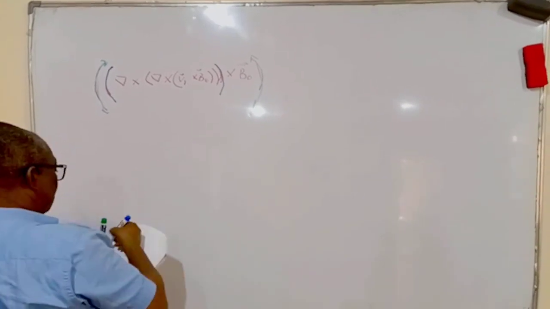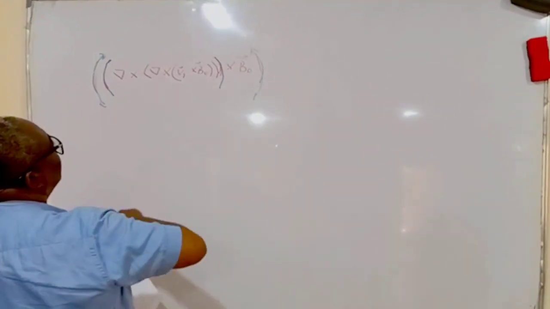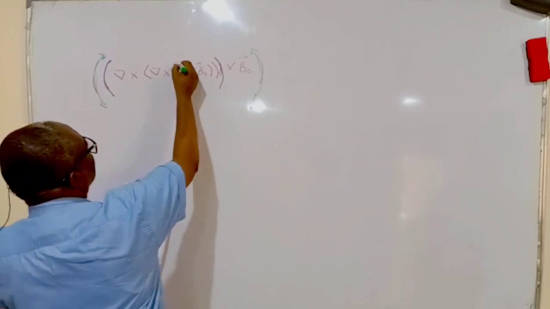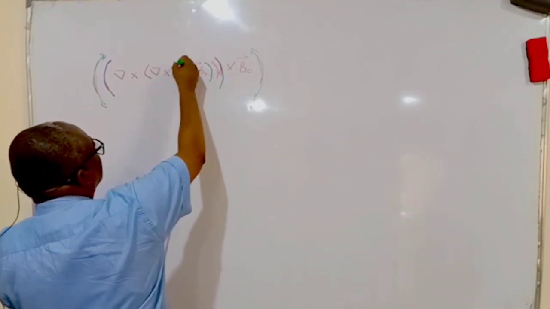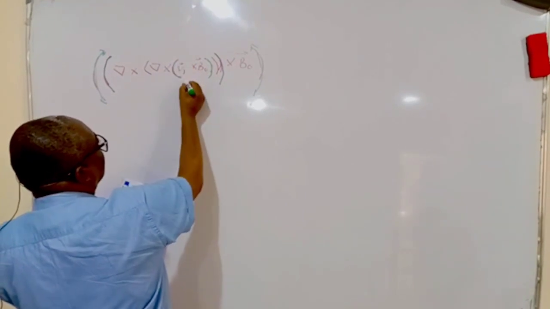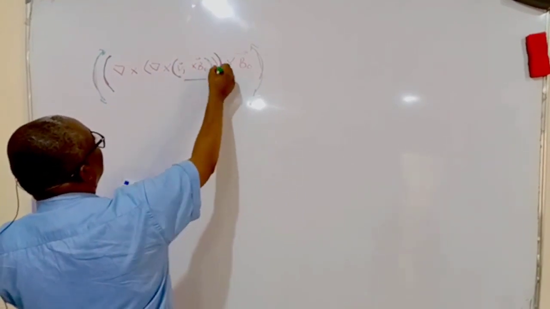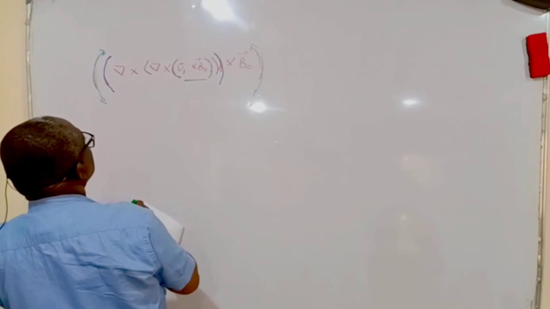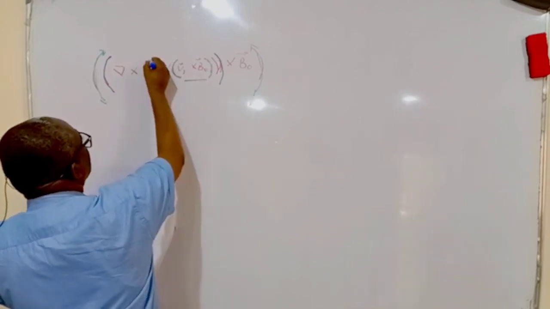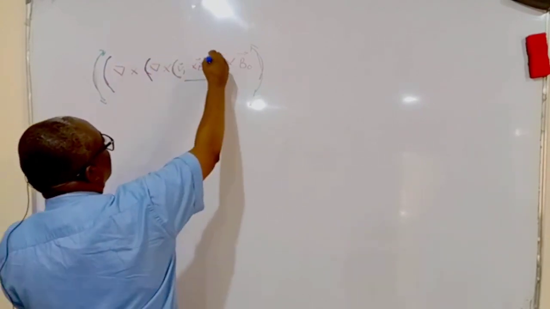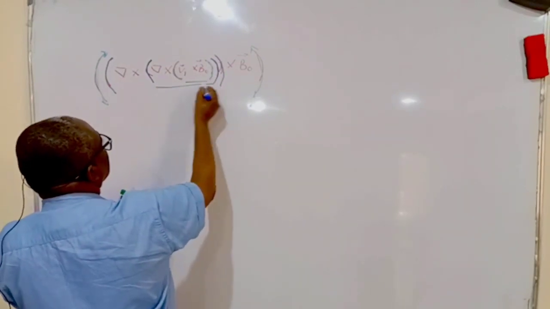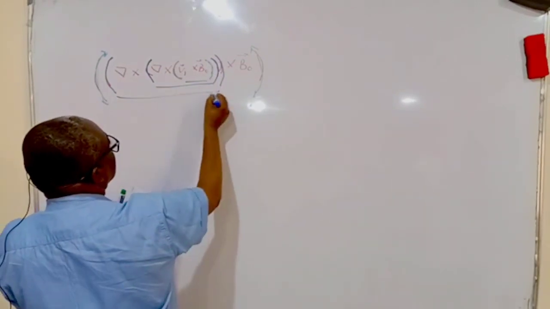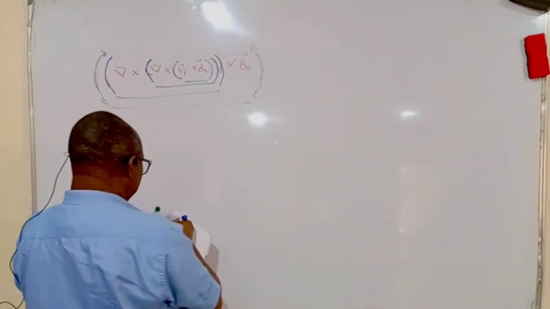Now, I will come back to my green. You see this one here? This one and this one are together. We only have one left, which is this one. I will use it as blue. And this one is for this, and this is for this, and this is for this. Okay, fine.